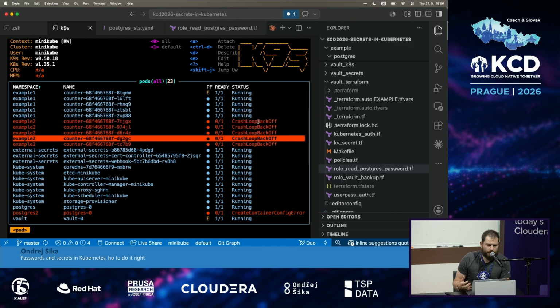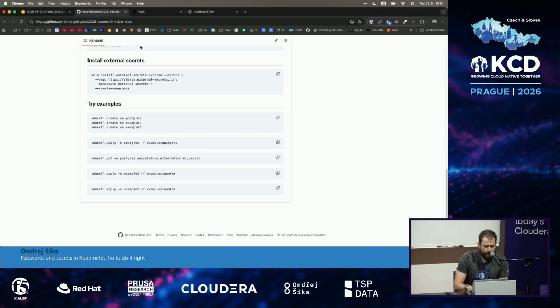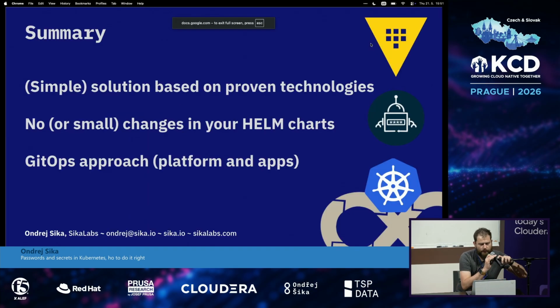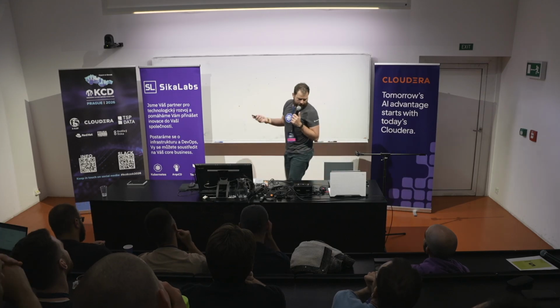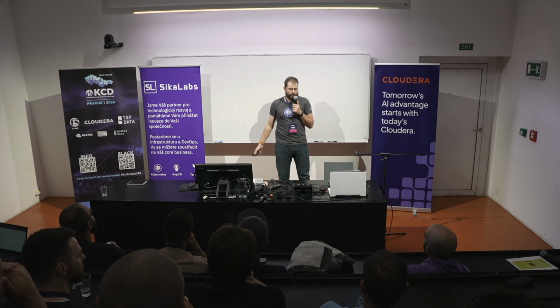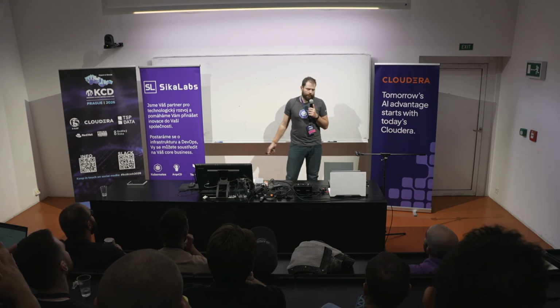So this is the general idea how to use a vault or some external secret provider inside Kubernetes with Kubernetes authentication. So if I go back here, the summary of my talk is that this is, I think, a simple solution, and it's built on proven technologies.